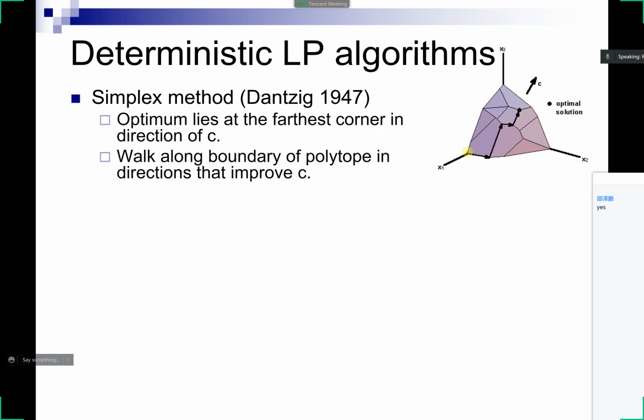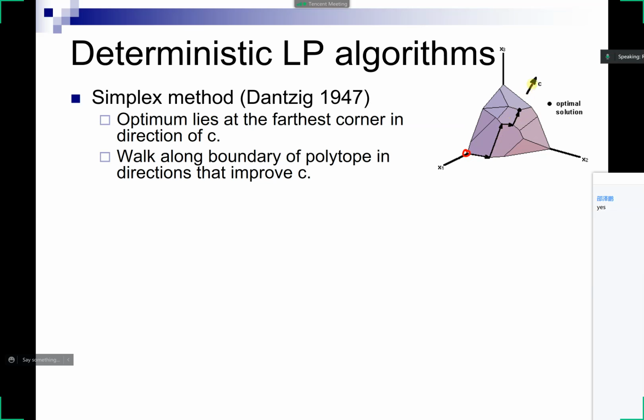It's going to walk along the boundary of this polytope, and it's always going to walk in the direction of C. Suppose you start over here. It's an iterative algorithm where we move to different points, and these points keep improving the objective value until you cannot improve it anymore, and then you stop the algorithm.